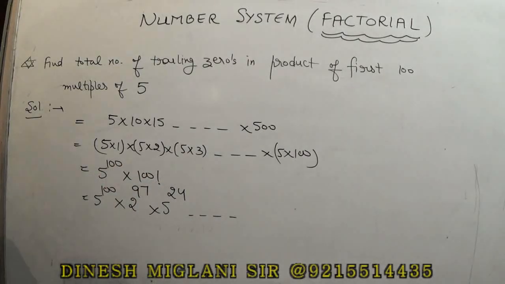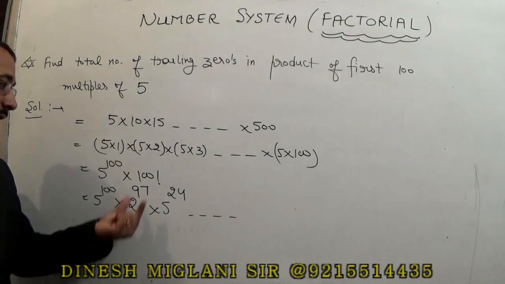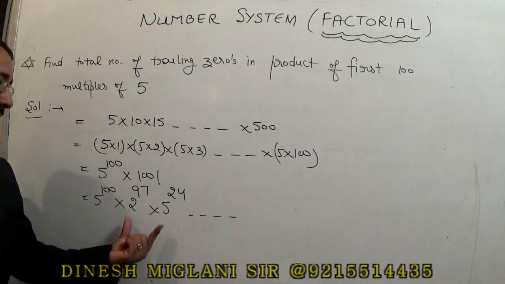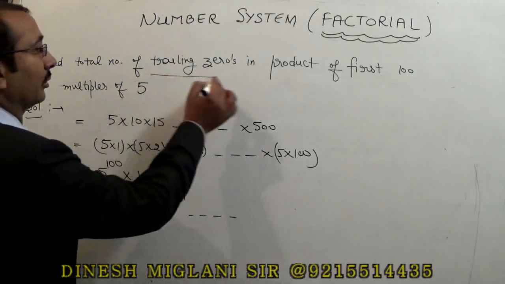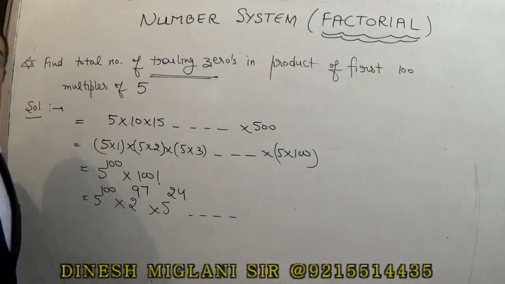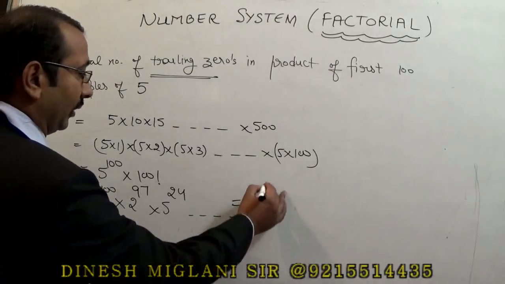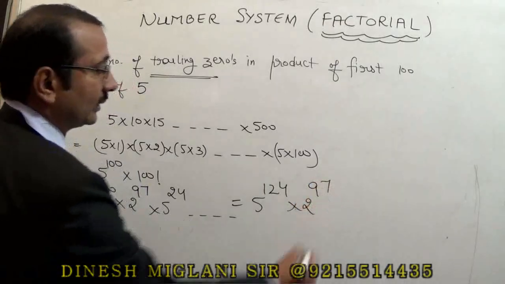I know that in 100 factorial, the maximum power of 2 is 97, and the maximum power of 5 is 24. Why am I taking 2 and 5? Because as I have stated, for any trailing zeros question, we find the powers of 2 and 5. Now, what is the total power of 5? 124. What is the total power of 2? 97.